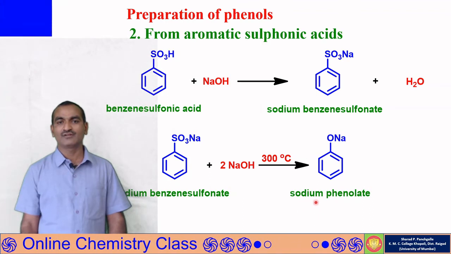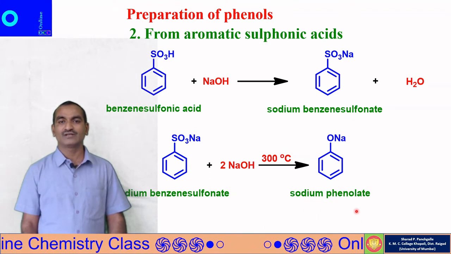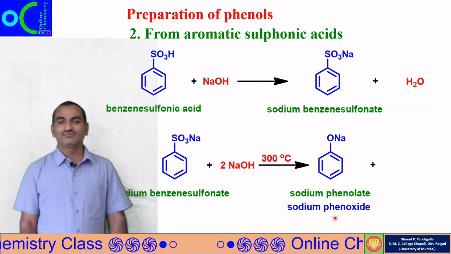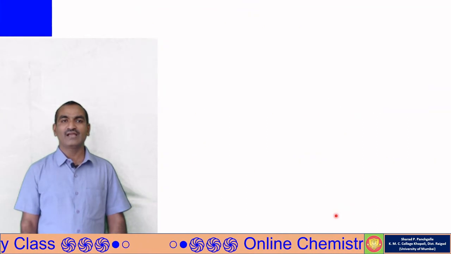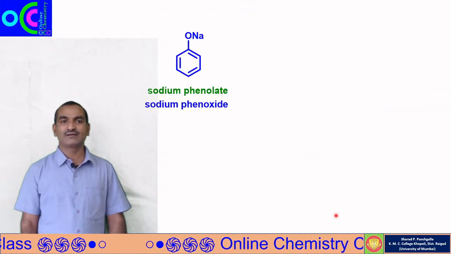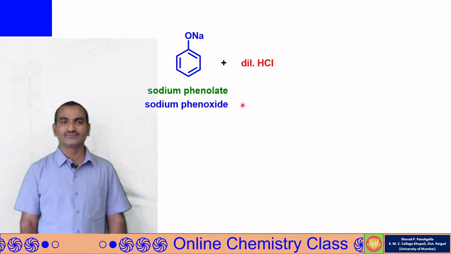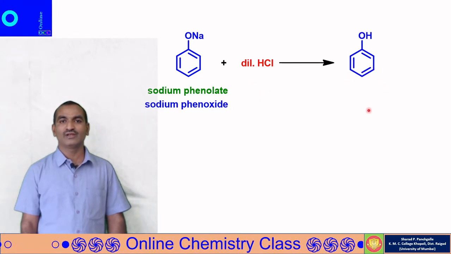So that is nothing but sodium phenolate or sodium phenoxide. Now this sodium phenoxide when treated with dilute acid, for example dilute hydrochloric acid, this salt will convert into free phenol. So we'll get the phenol.